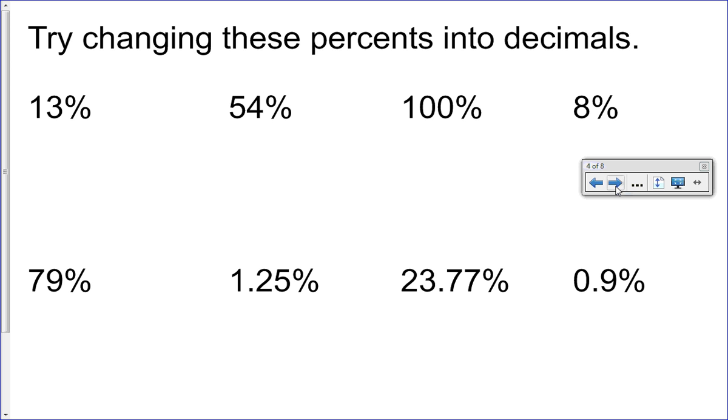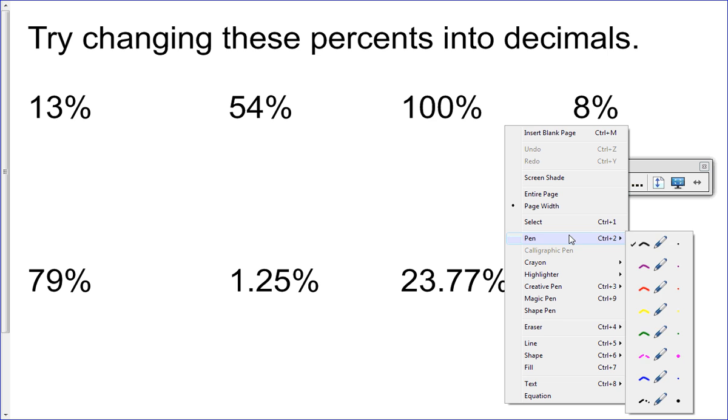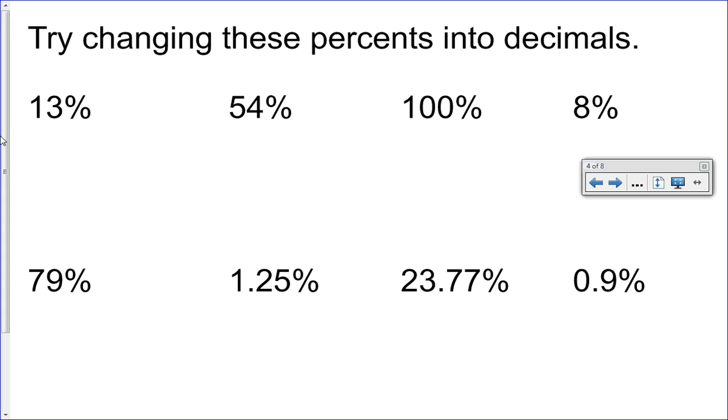Let's try changing these percents into decimals. And I'll choose a couple to do, and then you can pause the video so that you can try some at home, and then we'll take it up next day. And we'll start off with 13%.